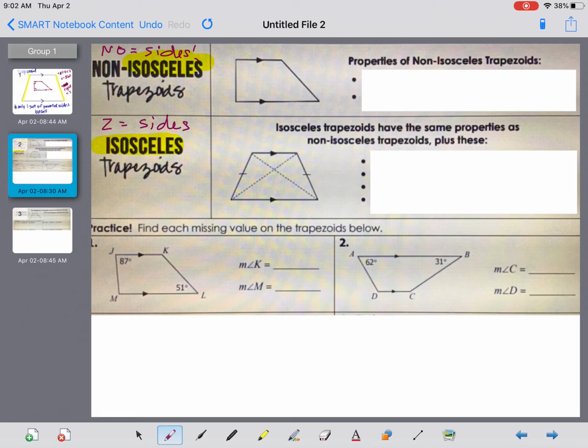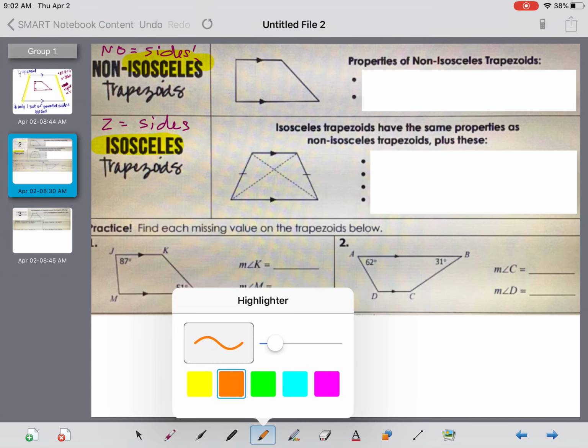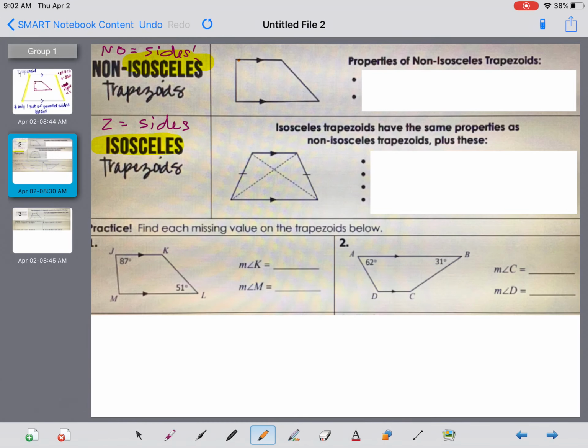Okay? So, properties of a non-isosceles trapezoid with no equal sides is that, first of all, you see how the top and bottom have those little arrows on there? That means that they're parallel. So the bases are parallel, and that's true of all trapezoids. So you see right there, those are bases, and those are parallel.